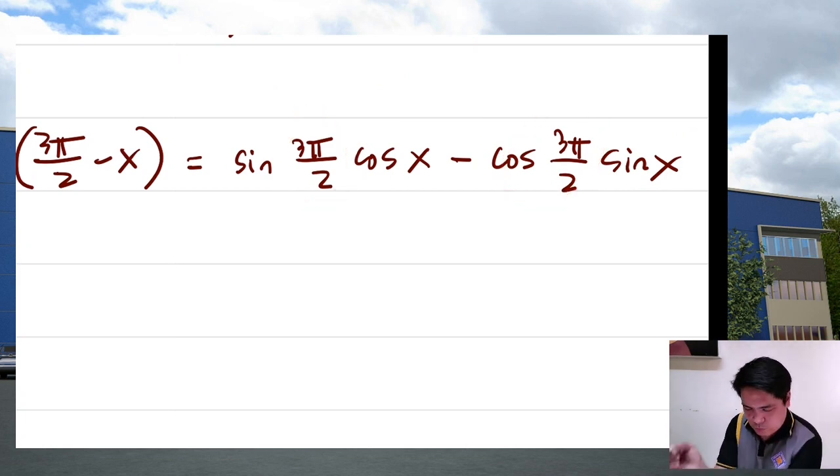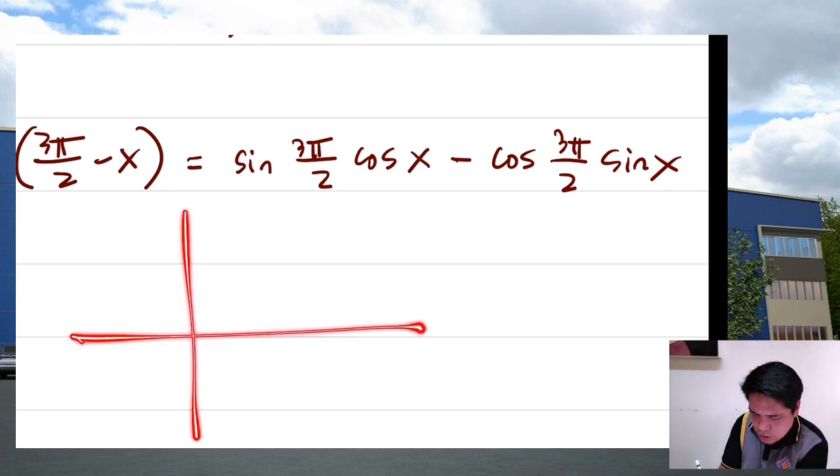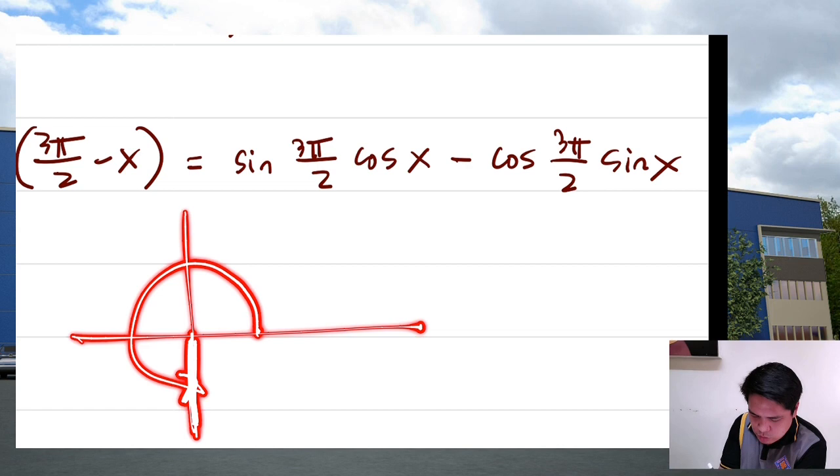If you recall how we did that, the 3 pi over 2 is this angle, and this is the radius of the unit circle. So, the opposite is 1 and the adjacent is 0.